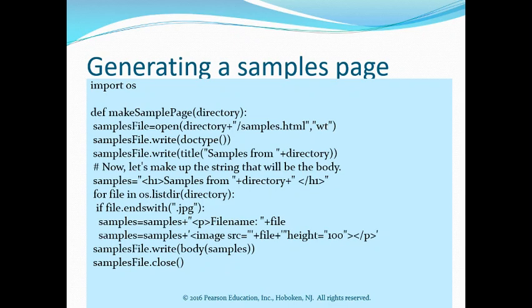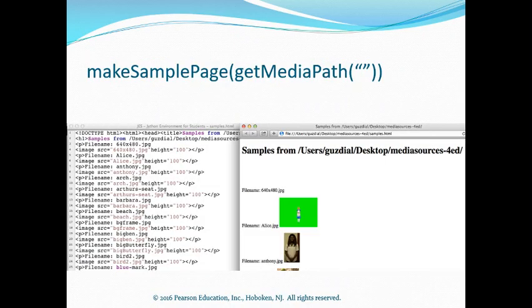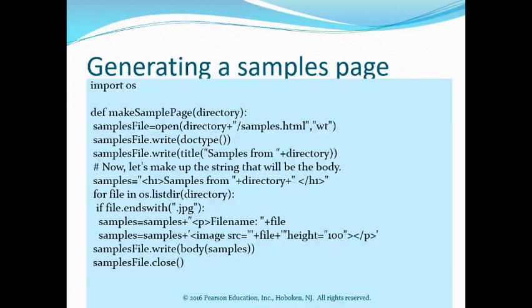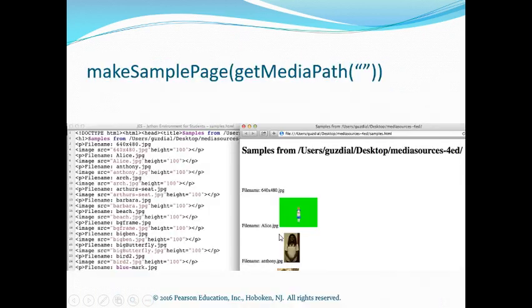Now let's make a string that will be all in the body. It does the same thing. And let's just see if we have an example of what this looks like. So what this does is it goes through all the files. In this line here, it reads all the files in the directory that you give it. And if the file ends with JPEG, we print out the file name, and we actually print the picture as well.